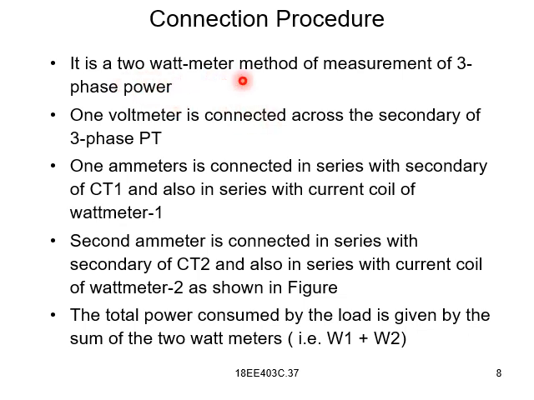So it is a 2 wattmeter method of measurement of three-phase power, and 1 voltmeter is connected across the secondary of three-phase PT, and 1 ammeter is connected in series with secondary of CT1 and also in series with current coil of wattmeter 1, and second ammeter is connected in series with secondary of CT2 and also in series with current coil of wattmeter 2 as shown in figure.